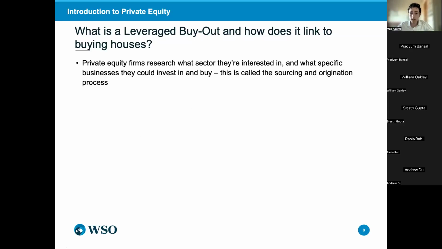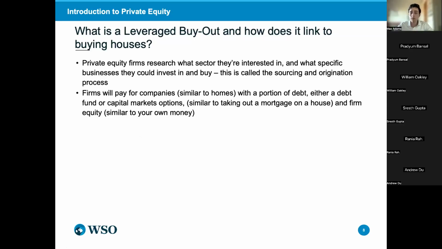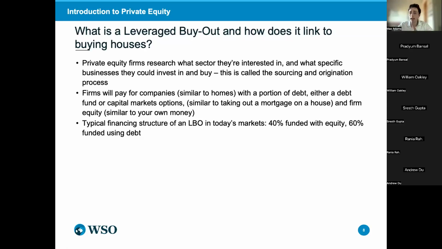You start by researching the sector, and then you go and buy the company with some mix of debt and equity. And just by the way, today that looks about 40-60 split in LBO land. And even with some recent market concerns, that might be 50-50, it might be 30-70, but 40-60 is fairly common.